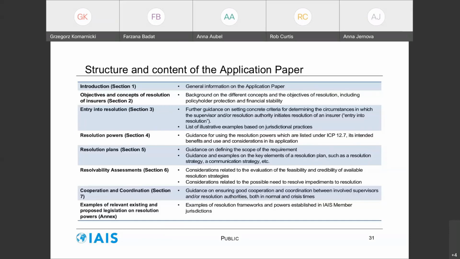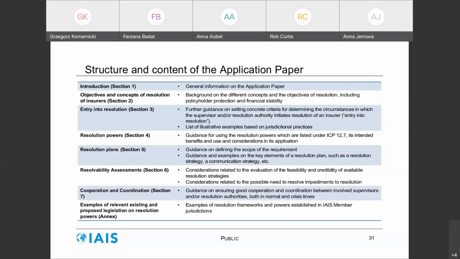Section 6 discusses resolvability assessments and the considerations that go into evaluating the feasibility and credibility of resolution strategies, and also suggests where and how to resolve impediments to resolution.